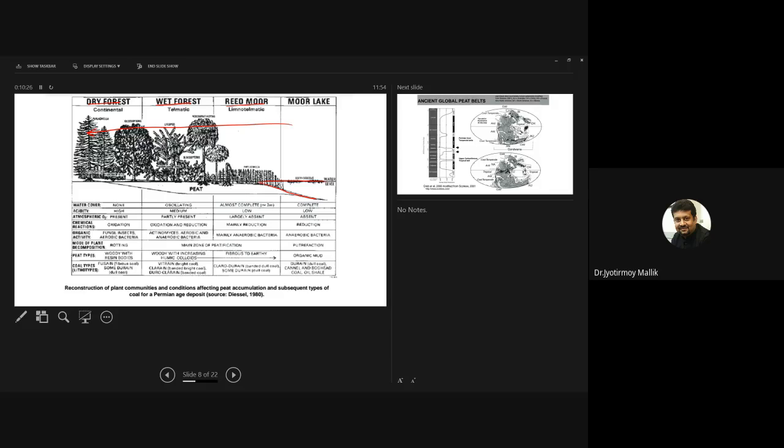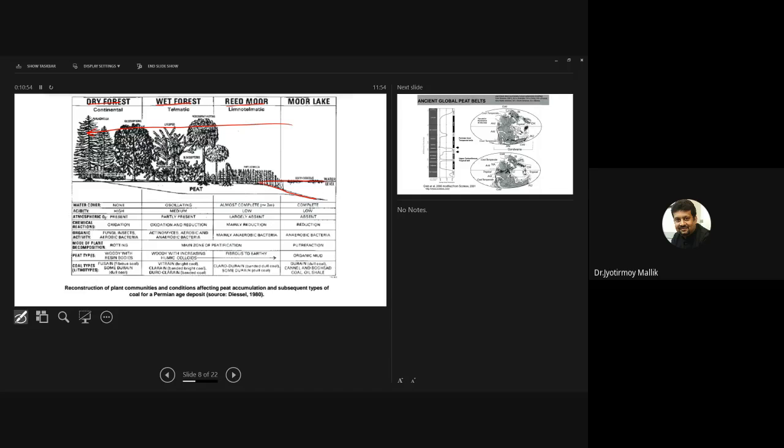Now let us look at all these types of areas and see where I would form the best quality of coal. If we look at the dry forest, there is very little water cover, maybe once in 50 years or so, when the lake is completely flooded, there could be some water cover, almost none.